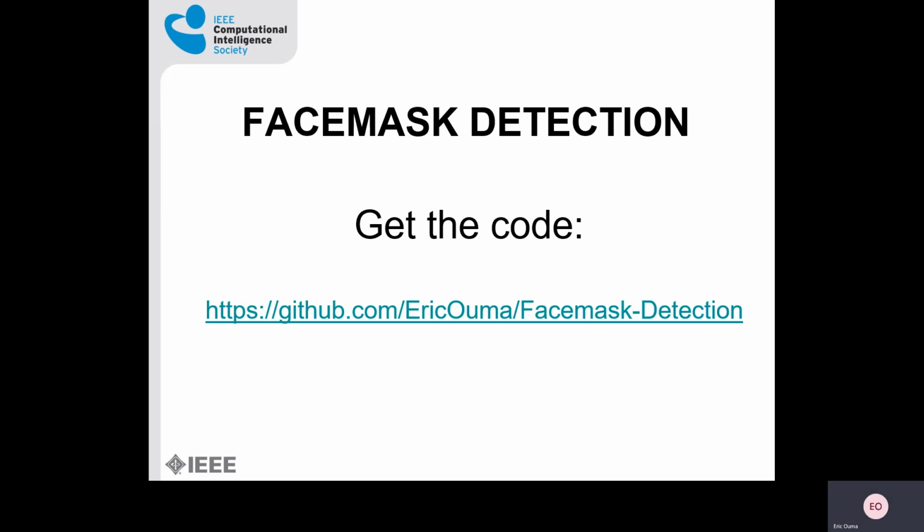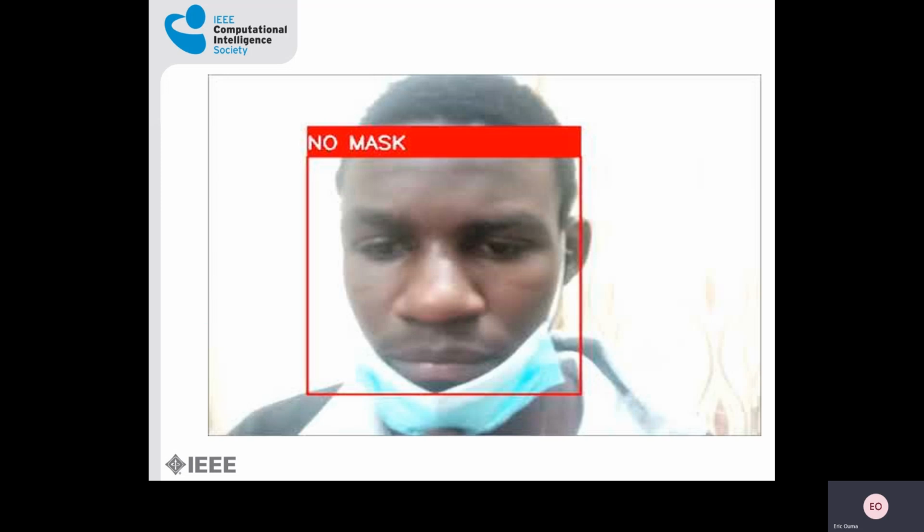Maybe just to give you a preview of what I'm talking about, this is the machine learning model I built for face mask detection. I'll give you a short preview of it. The video has no sound, don't be worried. As you can see, it's able to recognize when someone is wearing a mask and when someone is not.